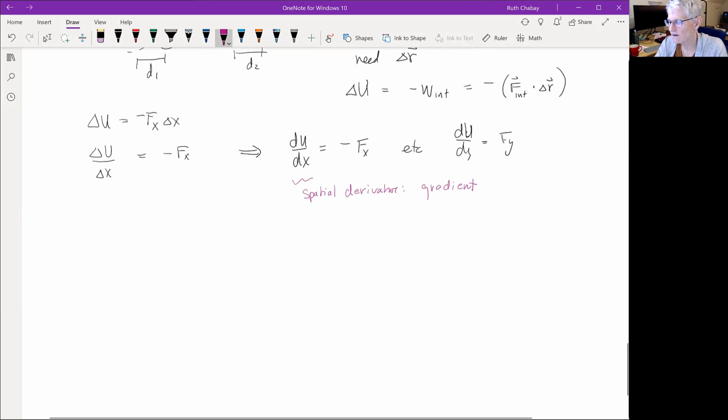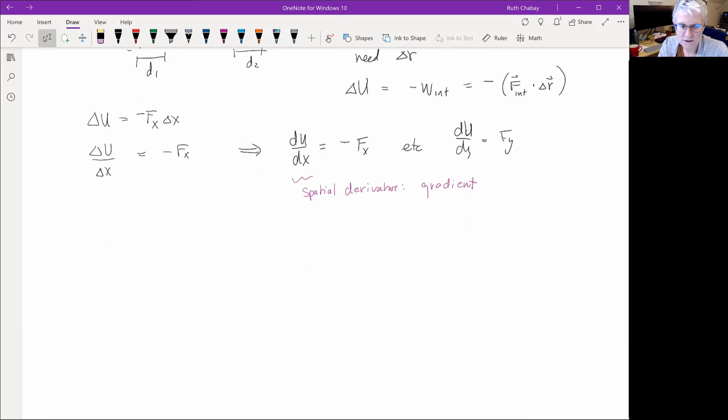So basically, to find an expression for potential energy, all we need to do is use this calculus formalism we've come up with. So if the force is the negative gradient of the potential energy, then we know that we have a minus G m1 m2 over r squared is equal to minus dU/dr.